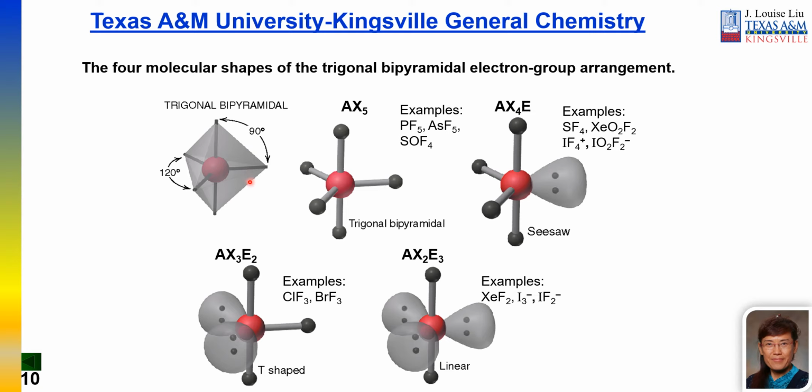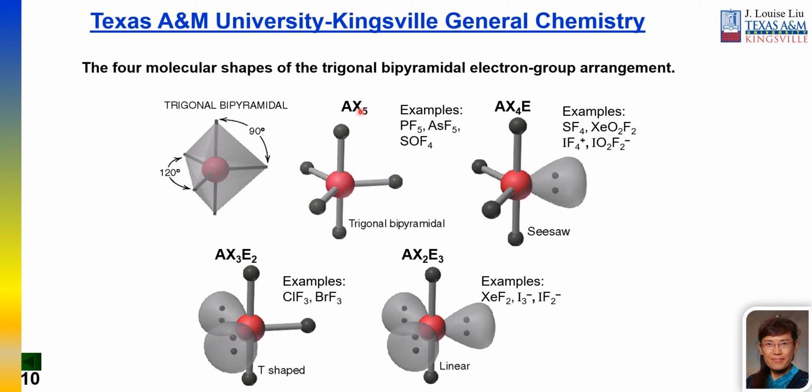You have two angles. This 90-degree angle is between the trigonal planar and perpendicular to these two bonds. In this case, this angle is 90 degrees. And in the trigonal planar, it is 120 degrees.